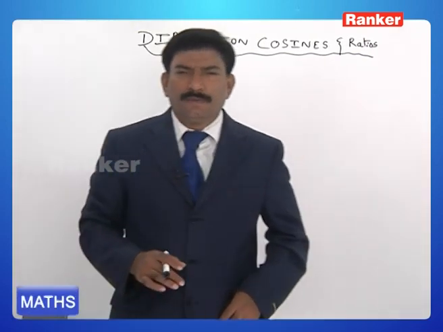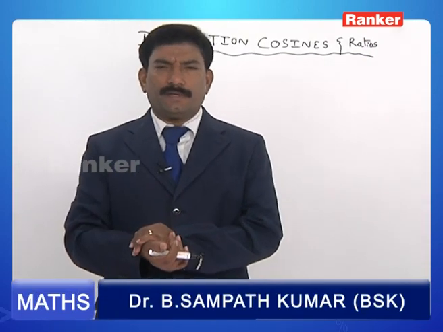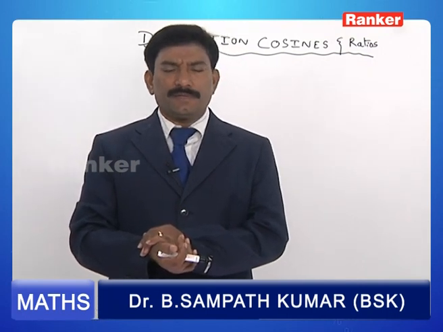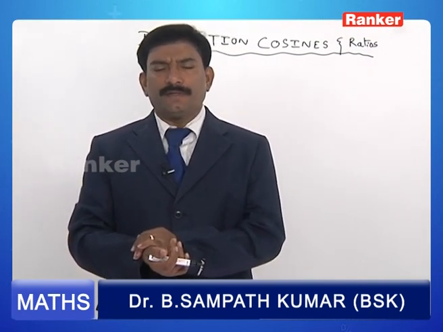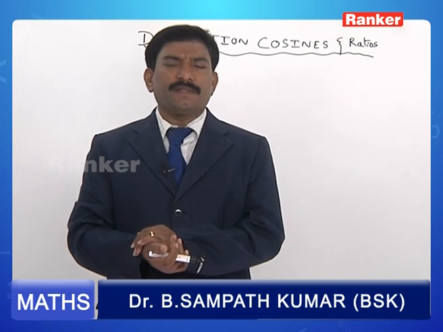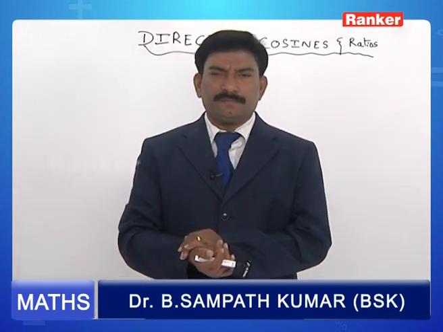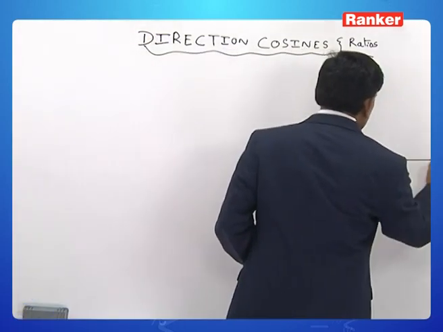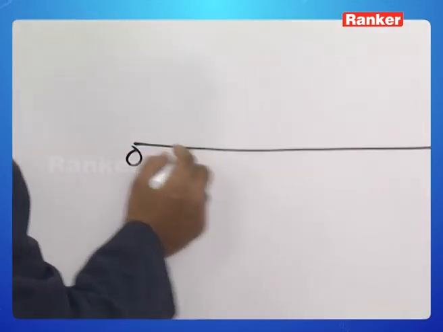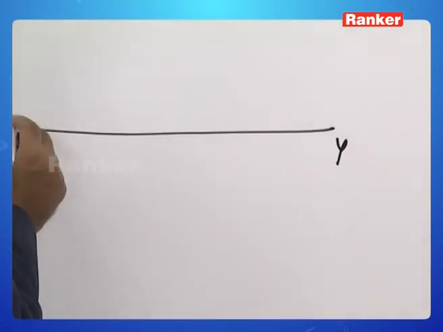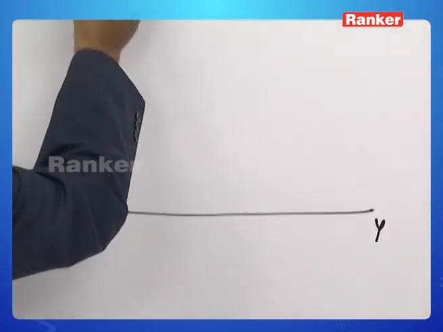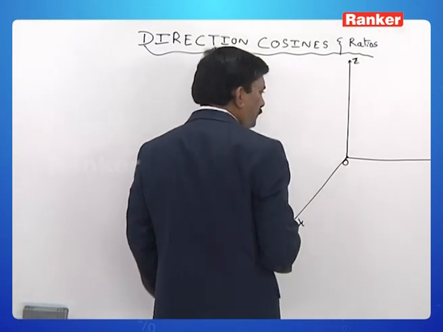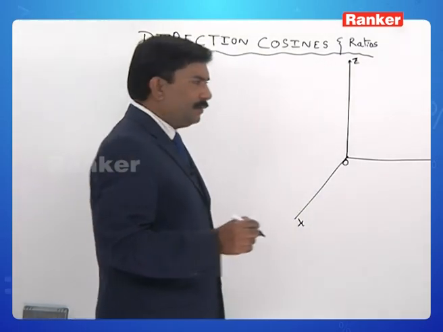Students, today let us discuss an important chapter in three-dimensional geometry: direction cosines and ratios. Let us consider the origin, this is the y-axis, this is the z-axis, this is the x-axis.